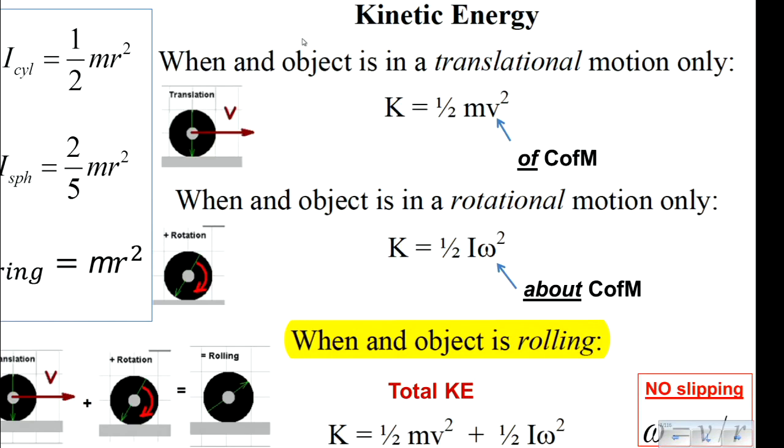So now for a rolling object, total kinetic energy is just the sum of two terms. But with the rolling with no slipping, these terms are related, not independent, because these speeds, linear speed of the center of mass and angular speed about center of mass, are coupled, are related. So we can always use this relationship to simplify this equation any way we like to.